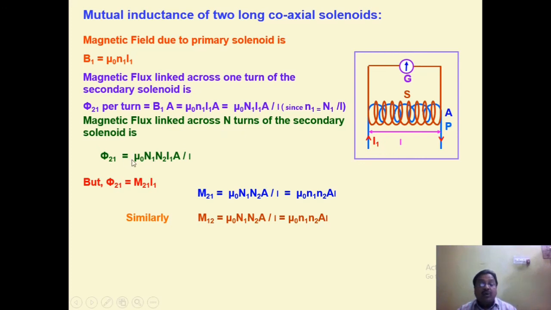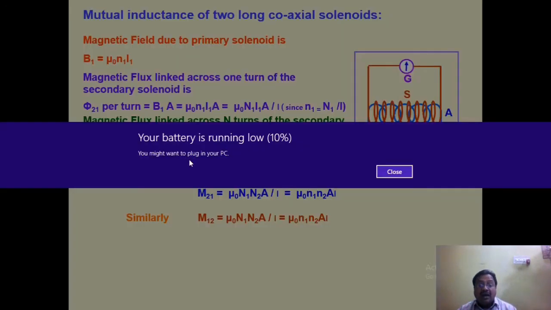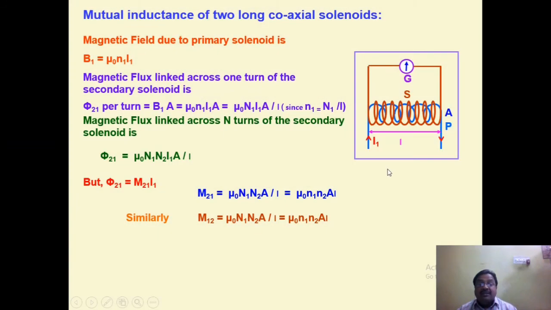As the first expression is for 1 turn, for N2 turns phi 21 will be equal to mu 0 N1 N2 I1 A by L. So here we may say M21 will be equal to this much, substituting this value.